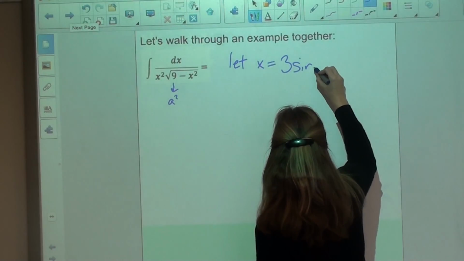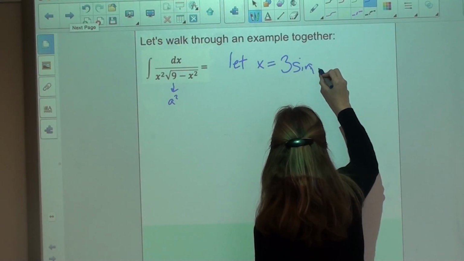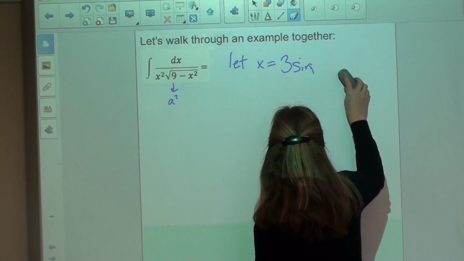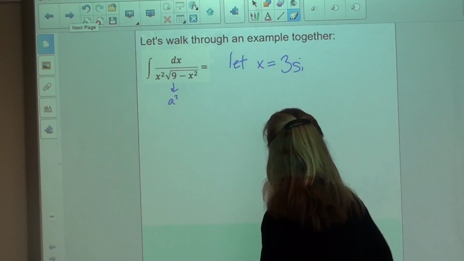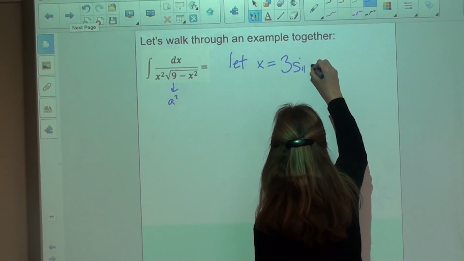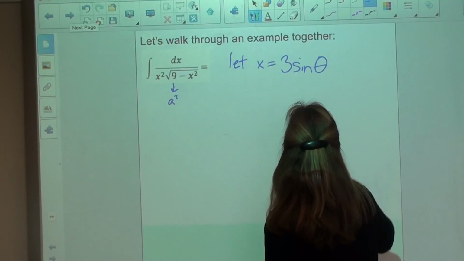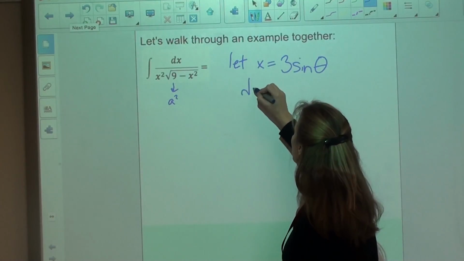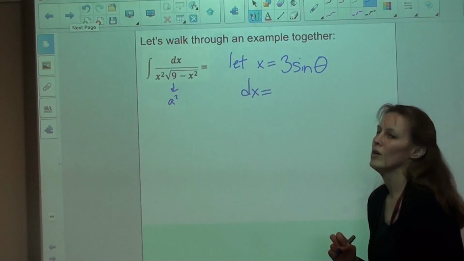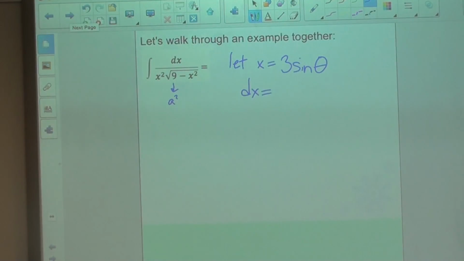Sine theta. Okay, so now our dx. What's dx? It's 3 cosine theta d theta.